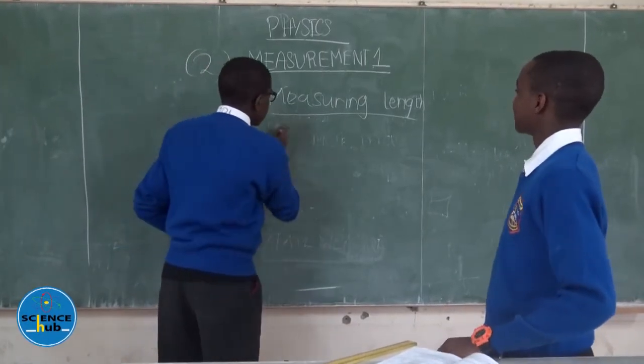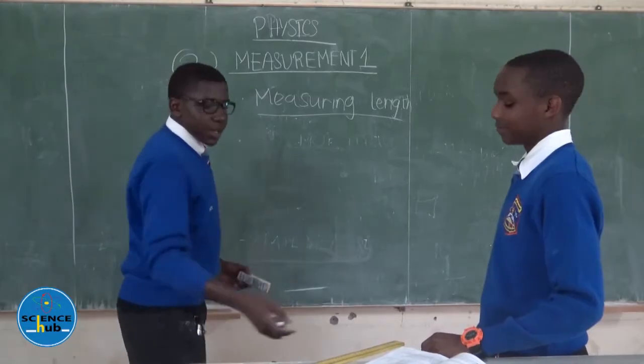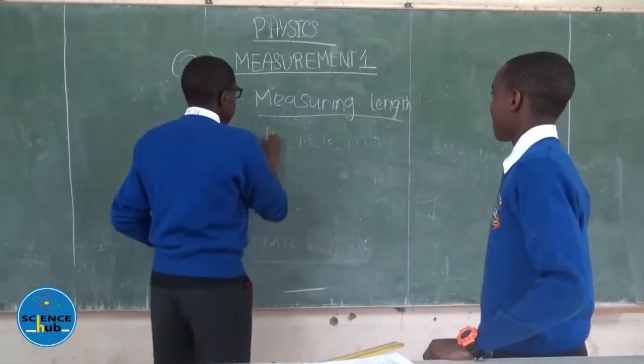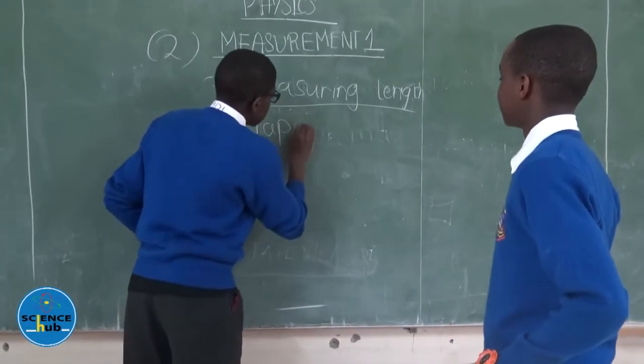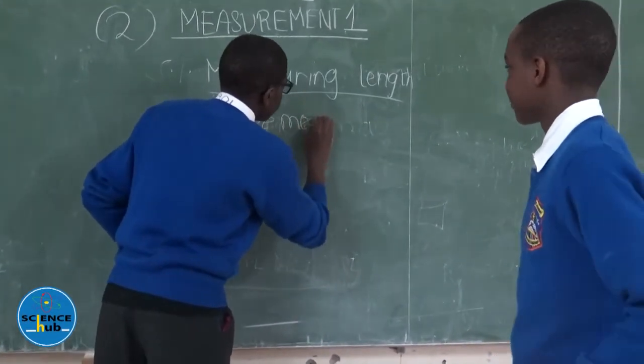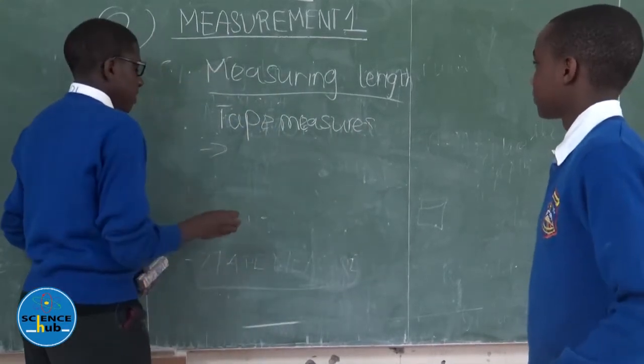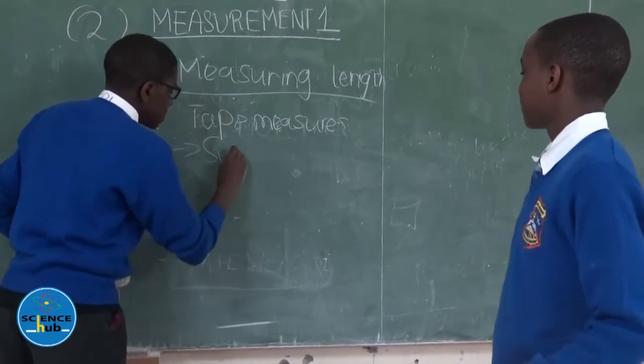The meter rule can be used to measure small objects like a physics textbook here. The types of tape measures. We have the surveyor's tape measure.